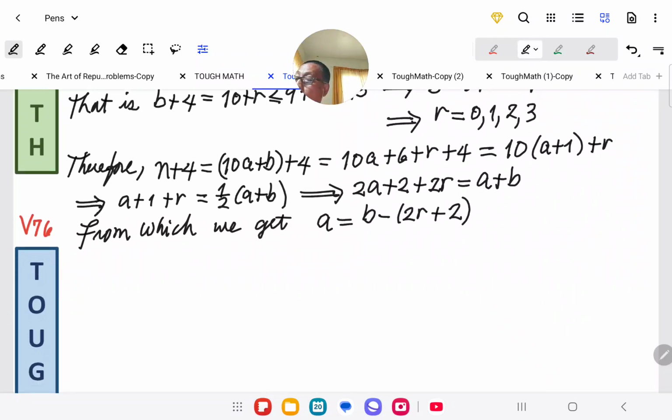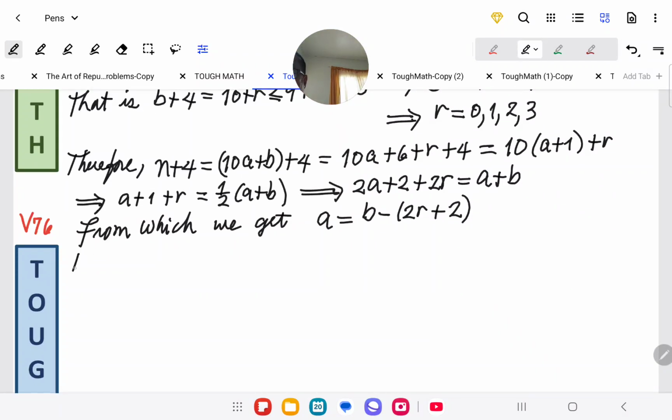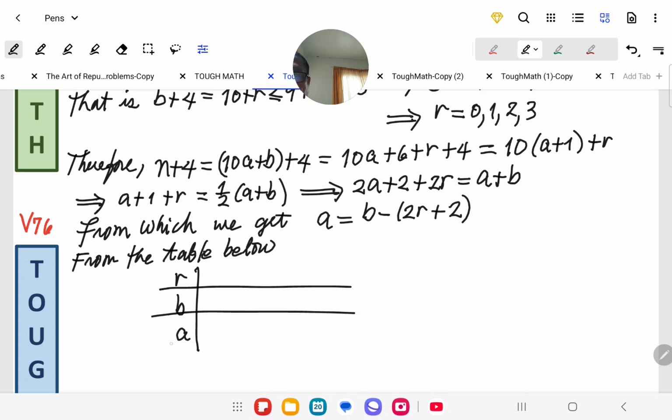And from the table below, the first column is r, b, a. The first row gives the values of r: 0, 1, 2, 3.